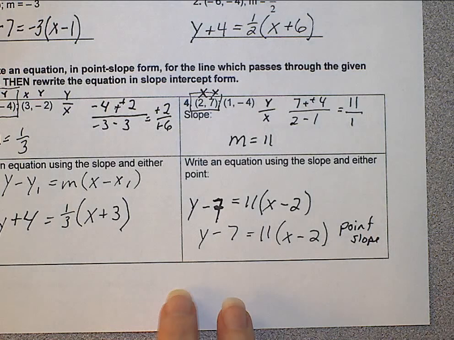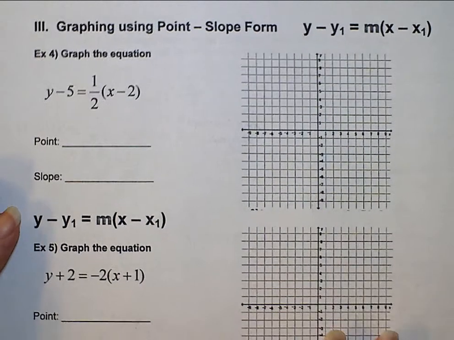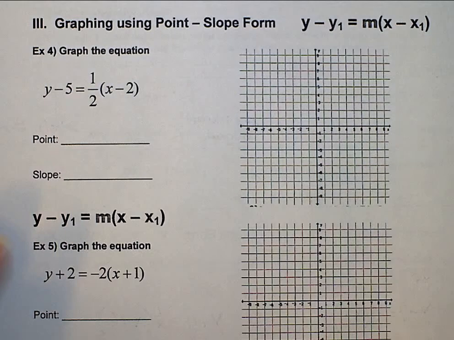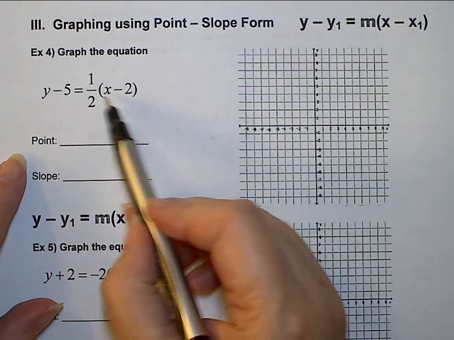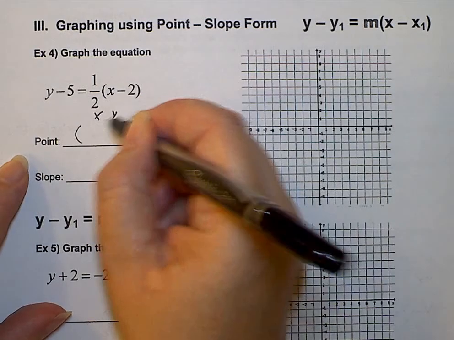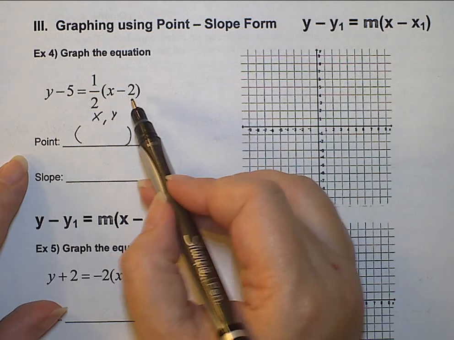Alright, flip it over. This is the exact same thing now. What you're doing now is you're taking the point slope equation and you're pulling out the point and you're pulling out the slope. Look at your x's. Your point, remember, is x, y. So my x's are here, and we have to go opposite.